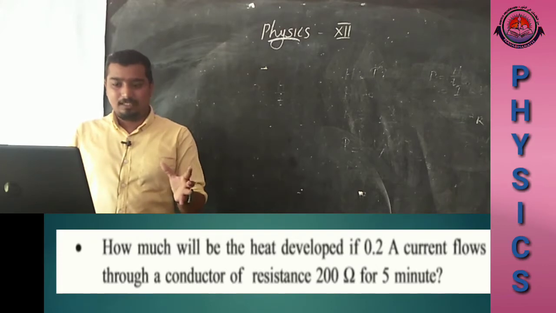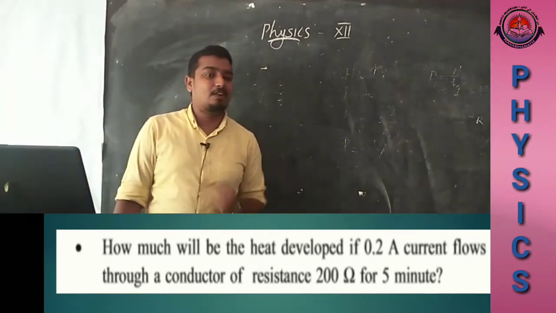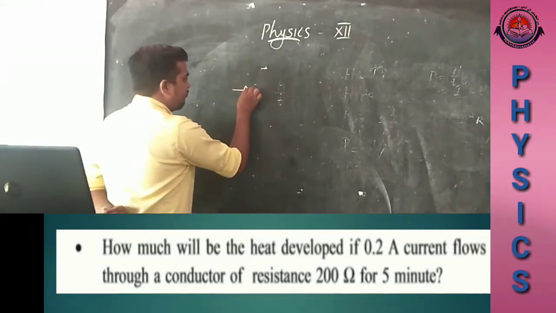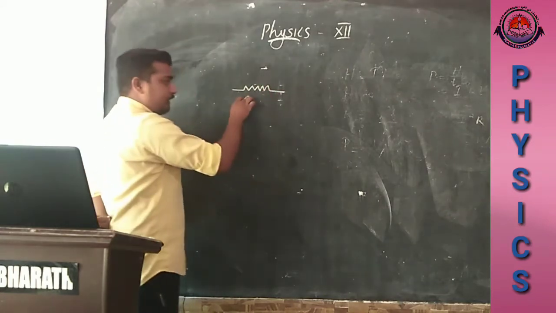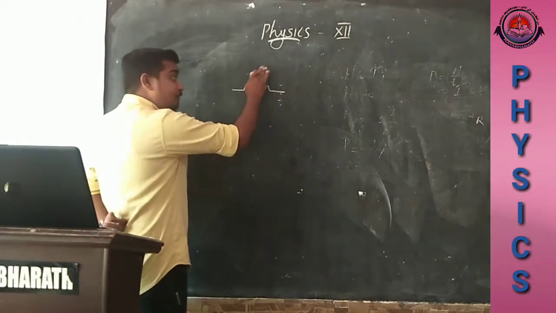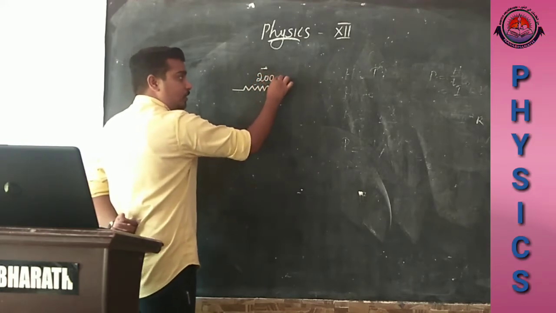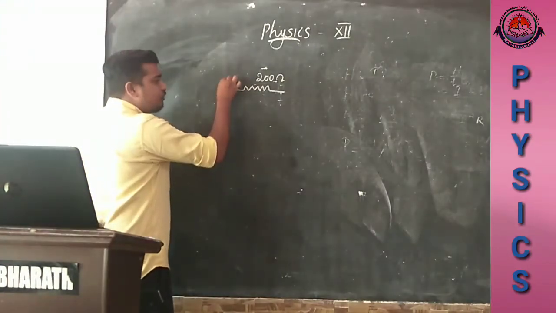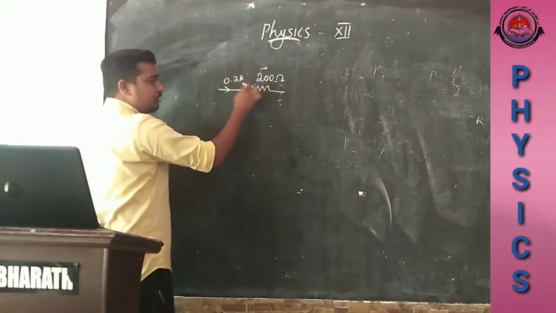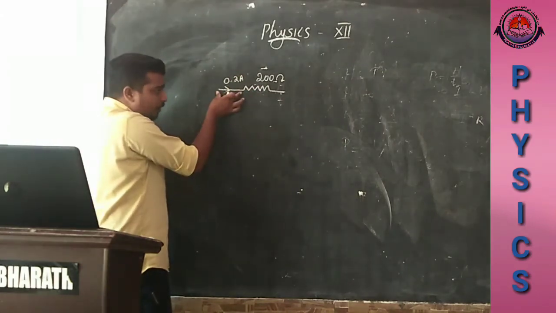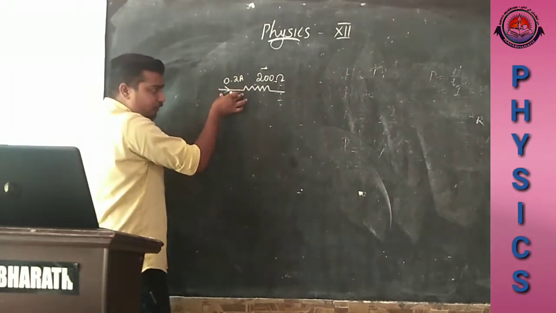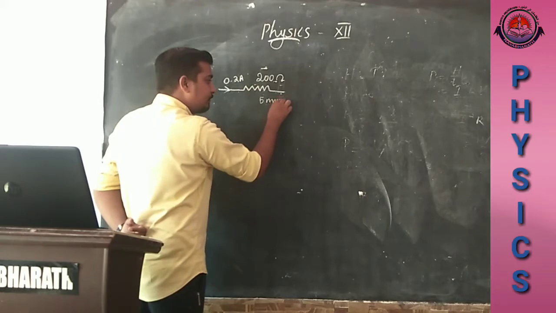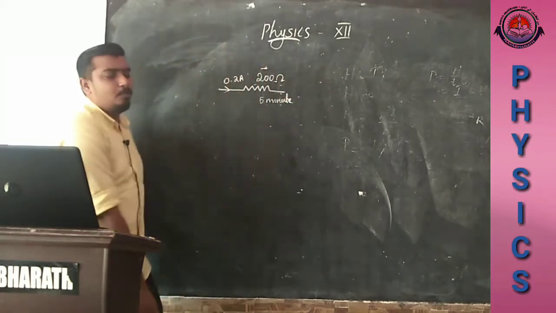What is the question? How much will be the heat developed in a conductor? Consider this is a conductor of resistance 200 ohm, and a 0.2 ampere current is flowing through this conductor for 5 minutes.